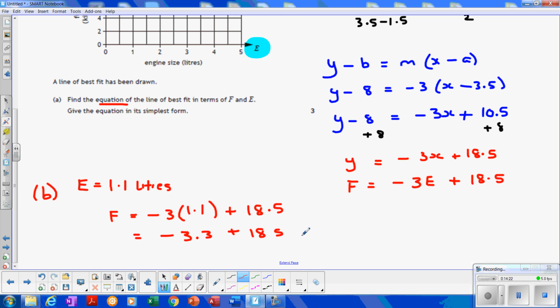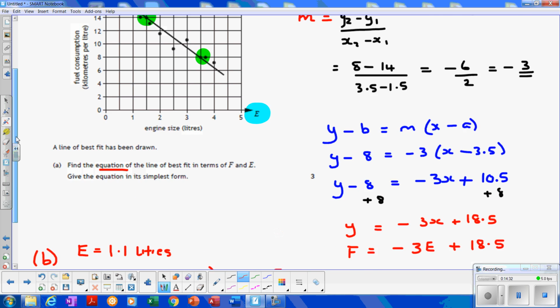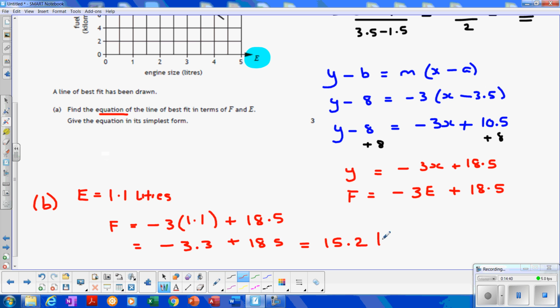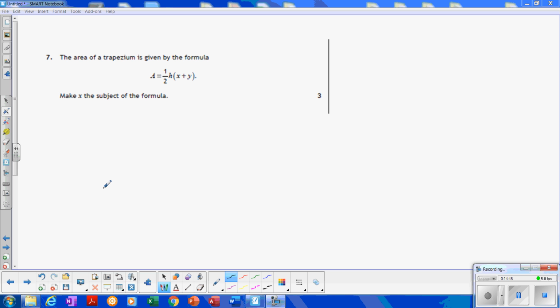Now that's exactly the same as 18.5 take away 3.3, and when I do that I get 15.2. Now we have to look back to see what F is measured in. So the fuel consumption F is measured in kilometres per litre.